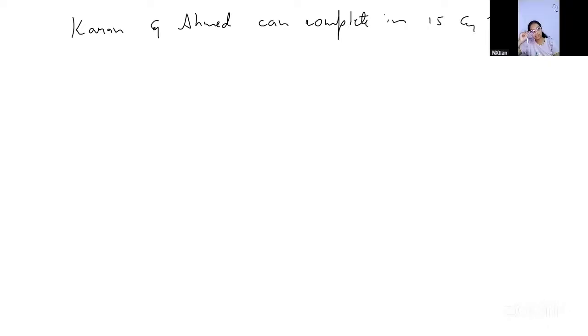Karan can complete it in 15 days and Ahmed can complete it in 20 days. They both worked together for 6 days. Then Karan left the work and told Ahmed to do all the work alone.